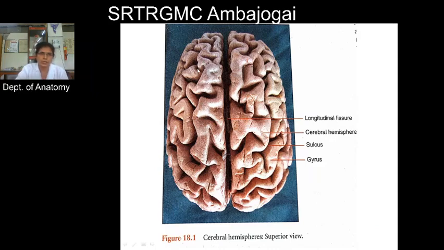It shows depressions or grooves, these are called sulci, and these elevations or foldings are called gyri. These sulci and gyri develop to increase the surface area to accommodate a large amount of neurons in the cerebral cortex, and this large amount of neurons is necessary to enhance the processing of information which is carried from the periphery.